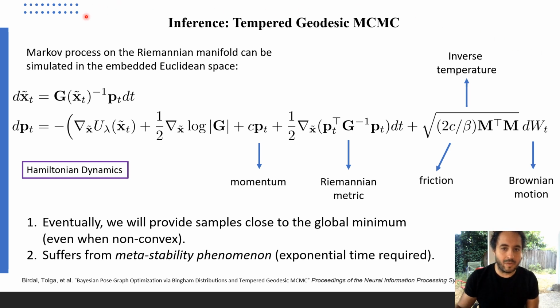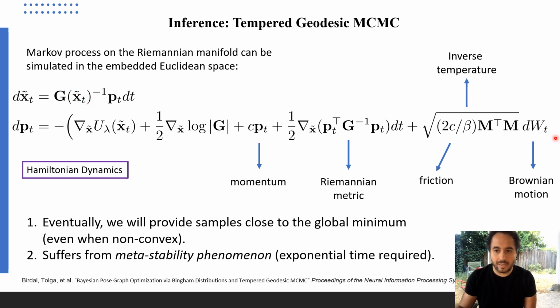This whole system evolves with respect to these differential equations, where p is the momentum and x is the position, and that really comes from the definition of the Hamiltonian, right? And here G is really the Riemannian metric, and everything is written on it, and the last term is a Brownian motion. So note that if we cancel out the Brownian motion, this is just gradient descent with momentum, and that is just evolving the rotations here, the x, right, and solving the system.